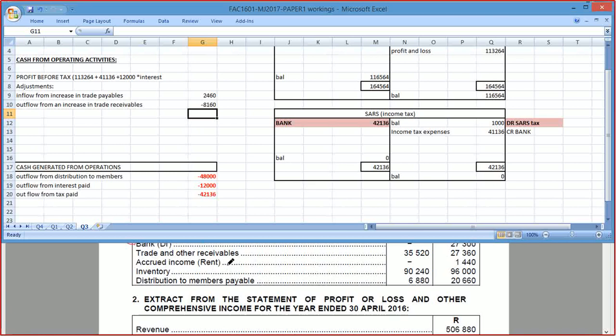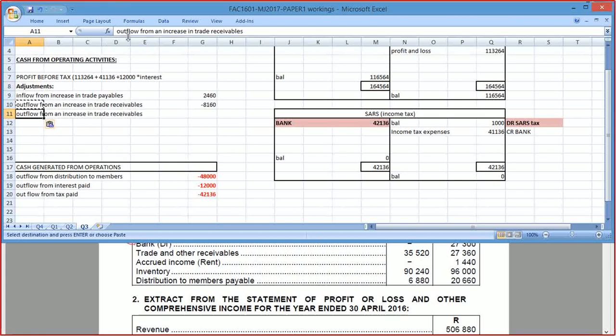Okay, accrued income. Do I need it? Yes, it's a current asset. Adjustments need to be provided for current assets and liabilities. So what happened to the current asset here? Did it go up or down? It went down. Inflow, outflow?